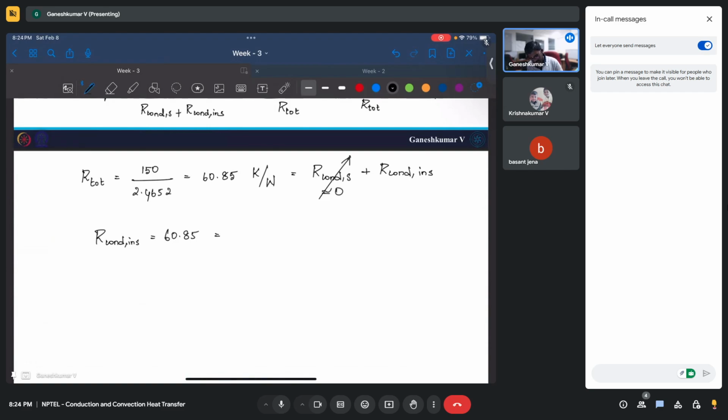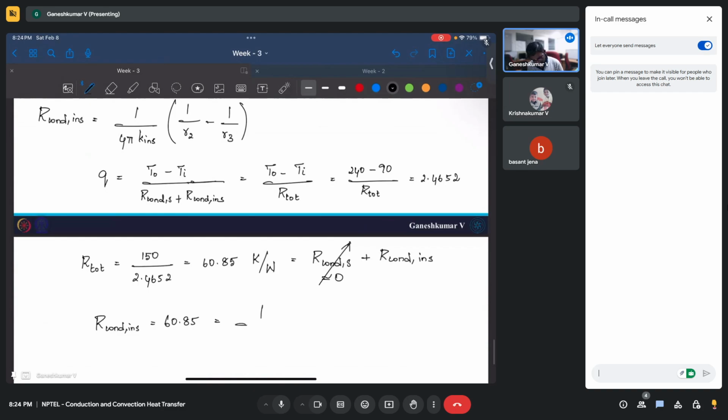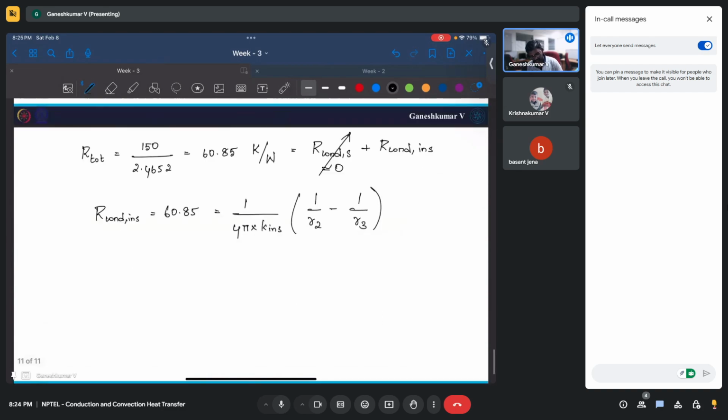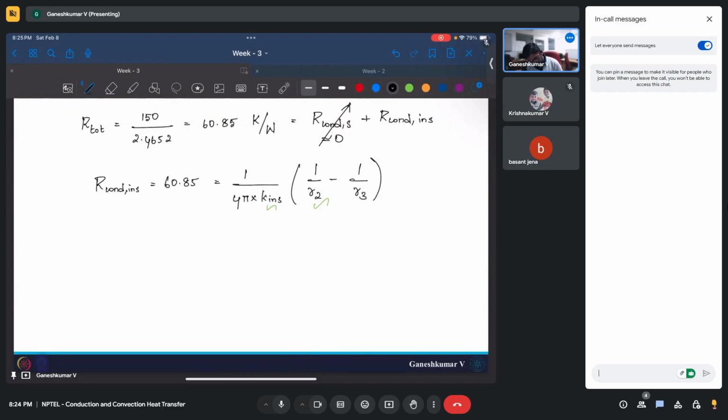60.85, which is equal to 1 divided by 4 pi K insulation into (1 divided by R2 minus 1 divided by R3). We need to find only R3. We know R2, we know K insulation and everything. So if I reorder it, 1 divided by R3 is nothing but 1 divided by R2 minus 1 divided by (60.85 into 4 pi K insulation).